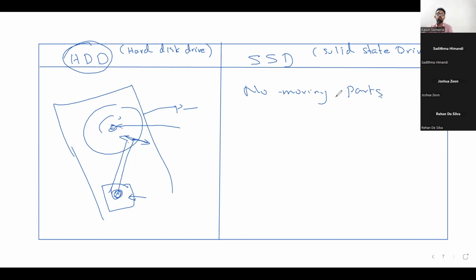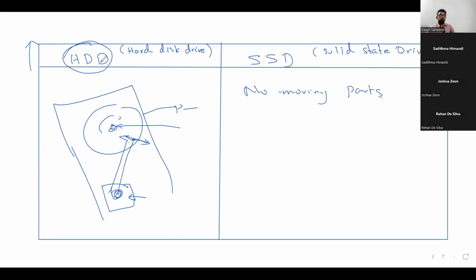I'm telling this one again and again because there are some questions in past papers. They're asking why SSD costs more than HDD. Cost of SSD is high. HDD is cheaper. It's kind of an old technology.